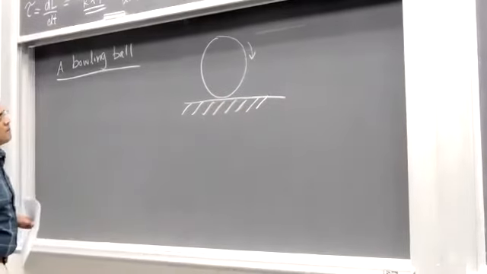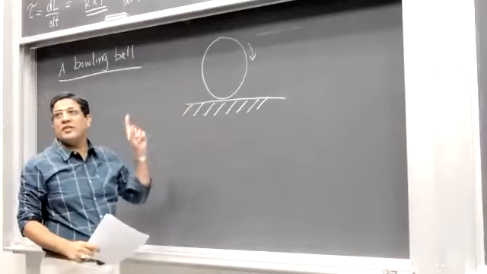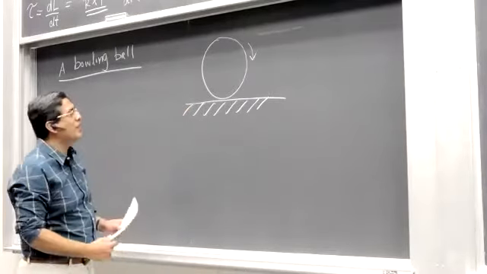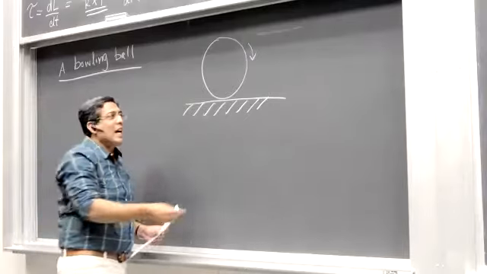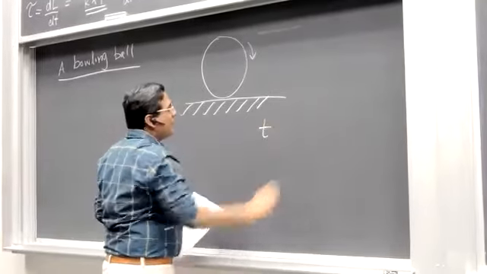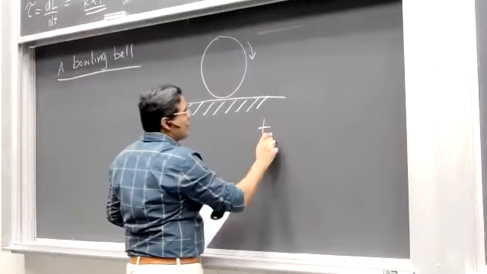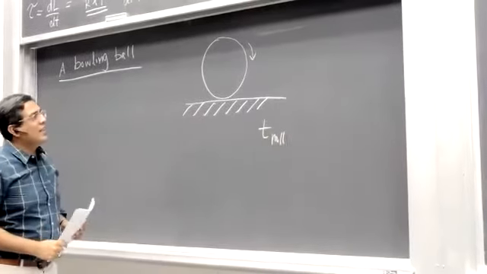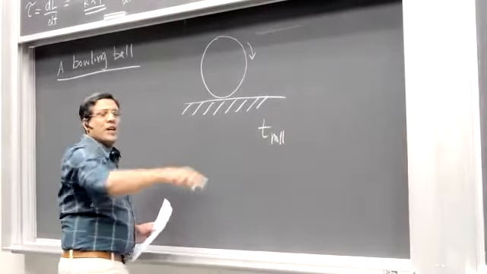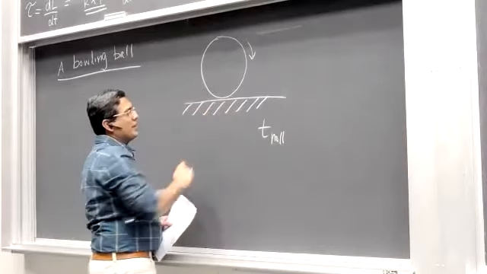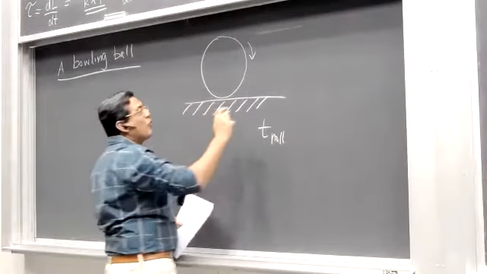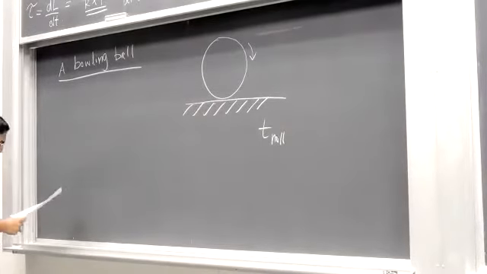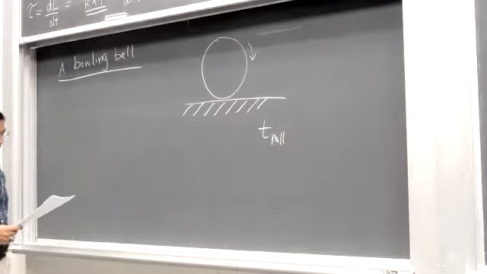Even if it initially is not rolling when you throw it because you're holding it in hand, the moment you throw it on the track, it starts rolling. After some time, let's call it t roll, down the track, it stops skidding and it is only rolling. That is what is called rolling without skidding or rolling without sliding.